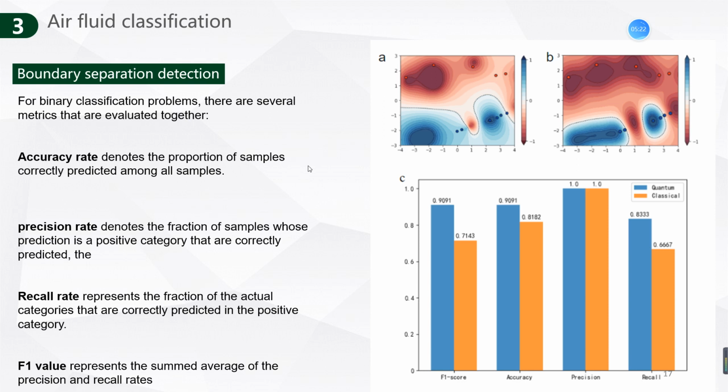And according to some different indicators, we can see our quantum annealing-based support vector machine has comparable performance in most indicators, and actually they both have good classification performance.